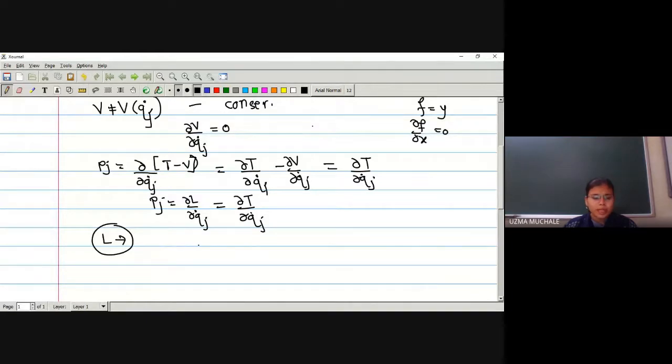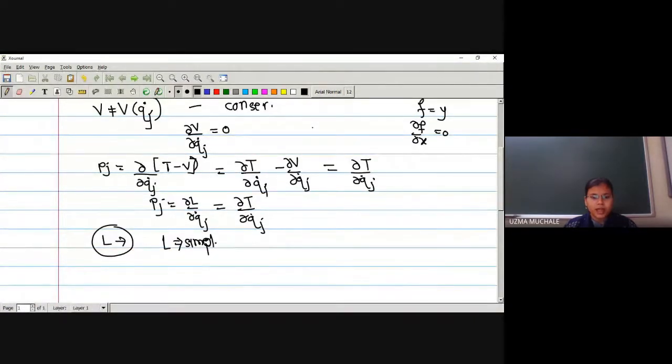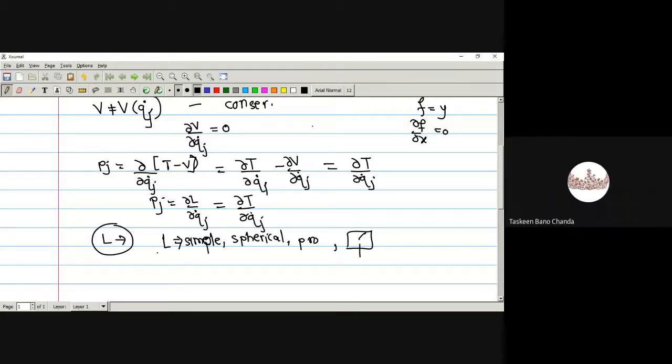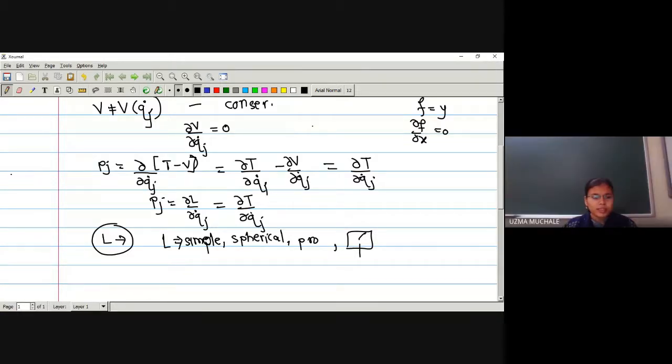Up to now, we have seen many examples, like the simple pendulum, the spherical pendulum, and many other examples where we projected one particle with some velocity. Then we saw one table example in which 2 point masses were connected, right? In all these examples, if you remember, we constructed the value of L. What were the steps for that?